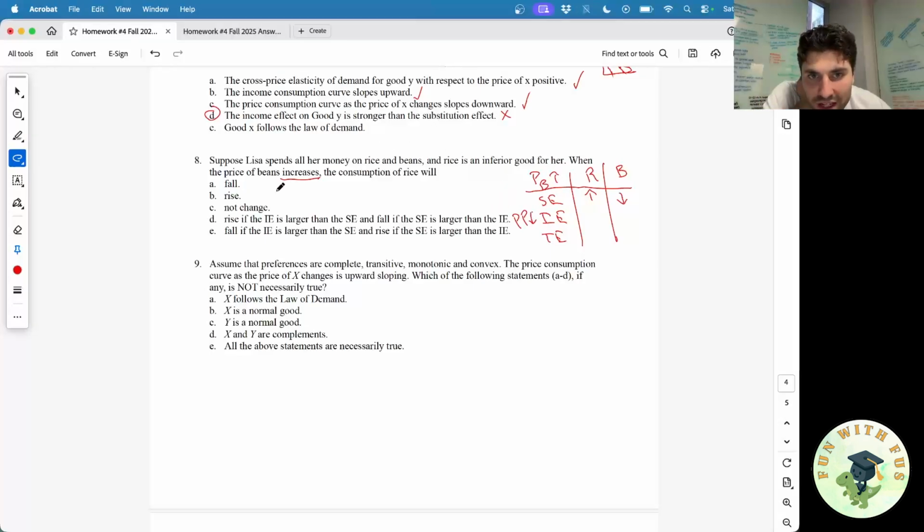And we know that rice is an inferior good. So this will go up because those arrows should mismatch. So I definitely know that that is going up. The consumption of rice will rise, which is 8B. Since we have 2 up arrows, that's also got to be an up arrow.